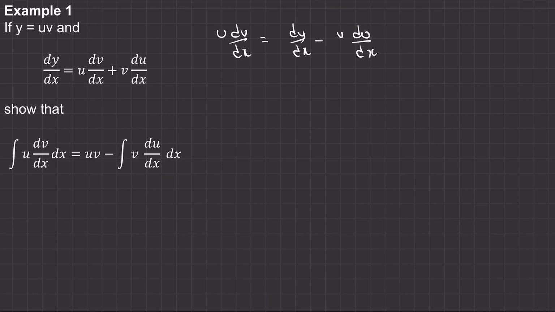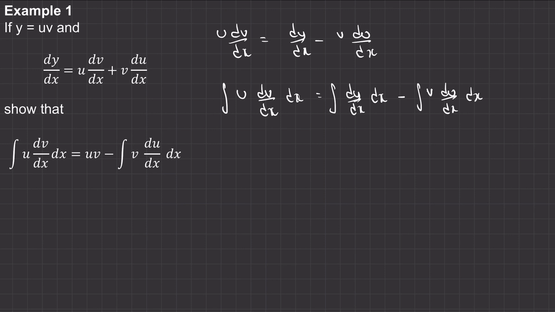And now we'll take the integral of both sides with respect to x. So we have the integral of u dv by dx with respect to x is equal to the integral of dy by dx, again with respect to x, minus the integral of v du by dx with respect to x.